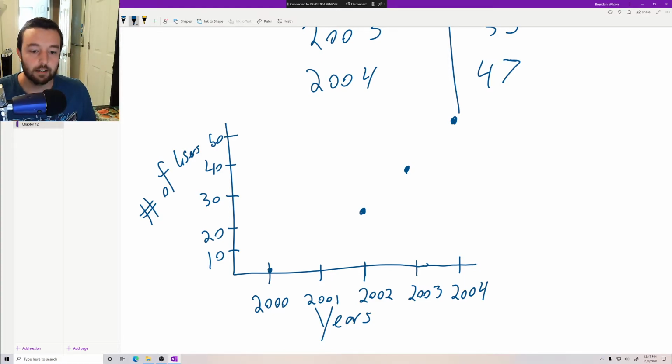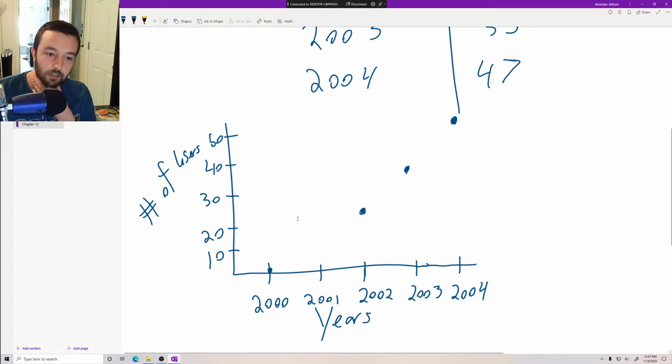So we just plot the data points, and the purpose of this is to say, is there a reasonably linear relationship between these numbers? And it looks like yes. It looks like we could draw a straight line through that. If you imagine 2001 right here, then you get an almost perfectly straight line. So it looks like there's probably a linear relationship here.